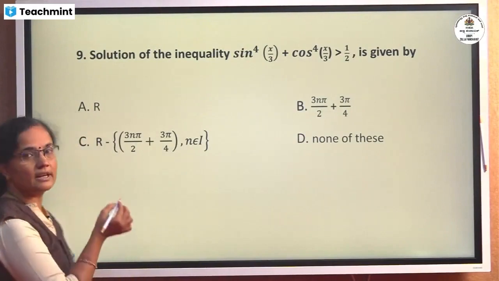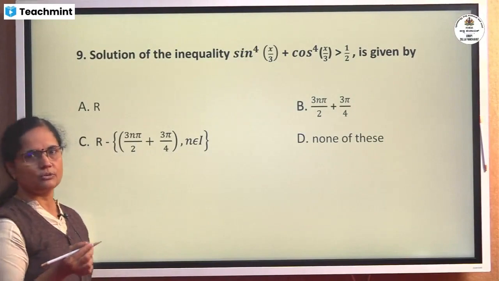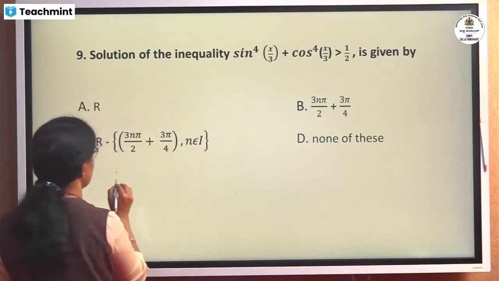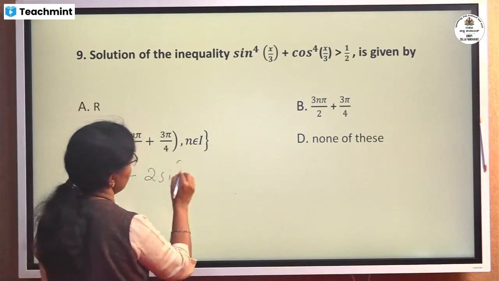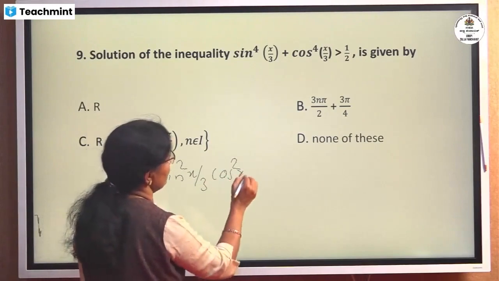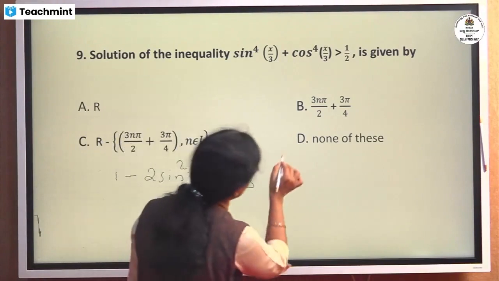What is the first identity of trigonometry? Sin square theta plus cos square theta is equal to 1. Yes, now I will take the given expression as 1 minus 2 sin square x by 3 cos square x by 3.